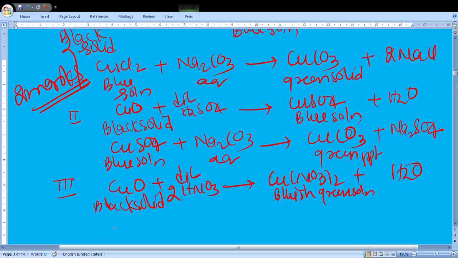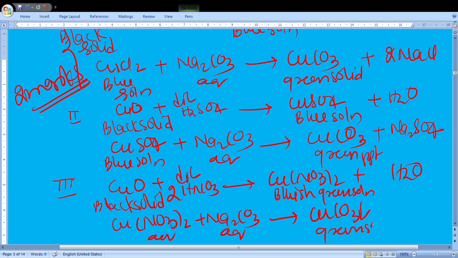Now this bluish green solution will be treated with Na2CO3 aqueous to give rise to CuCO3 as a green solid, right, plus 2NaNO3, which will remain in the aqueous state. I think it is clear how to prepare.